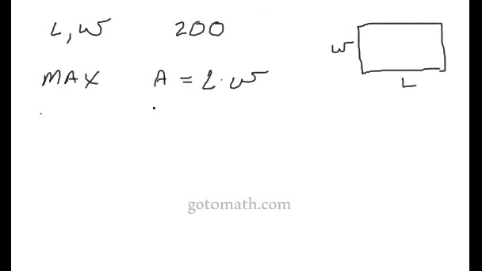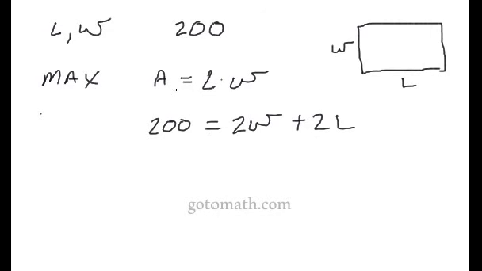And let's write the equation out for the perimeter. The perimeter is this distance all the way around. If we were to measure this all the way around, 200 is the perimeter, and that's equal to 2W plus 2L.